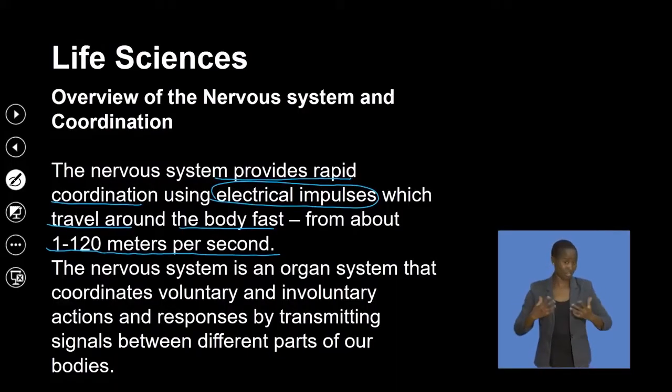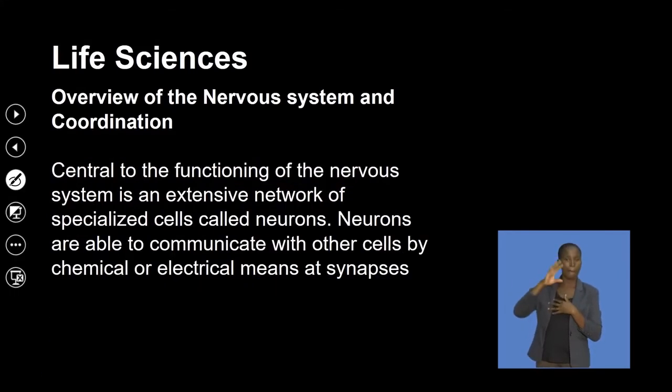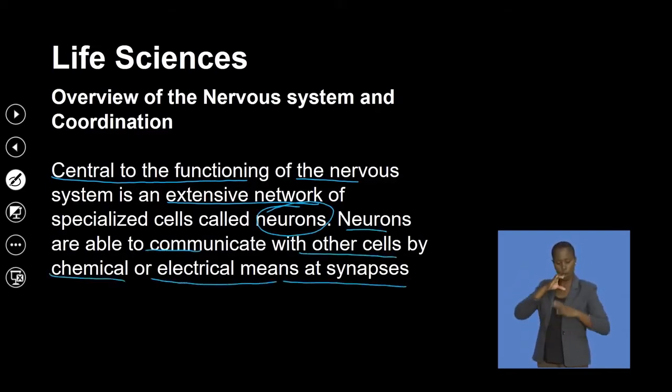So the nervous system is an organ system that coordinates voluntary and involuntary actions by transmitting signals between different parts of the body. Central to the function of the nervous system is an extensive network of specialized cells called neurons. Neurons are able to communicate with other cells by chemical or electrical means at specific connections called synapses.